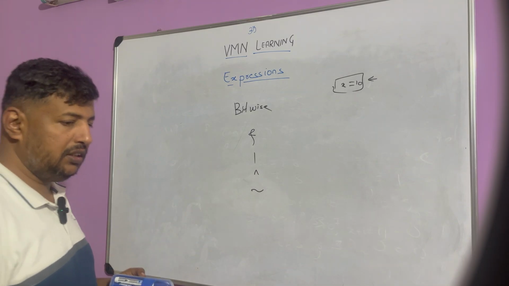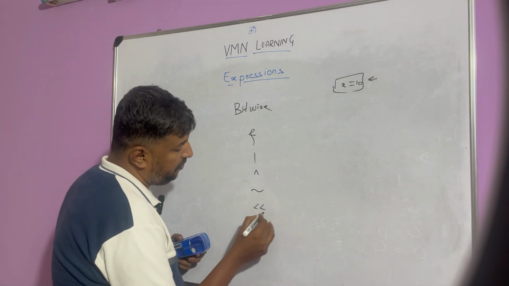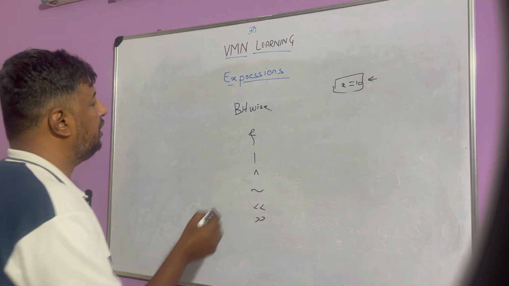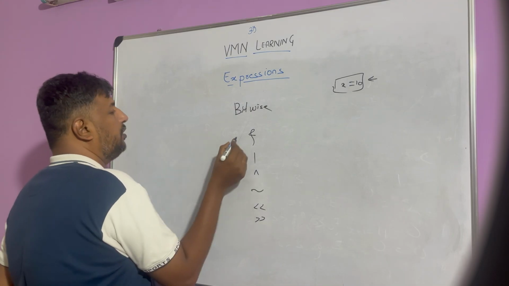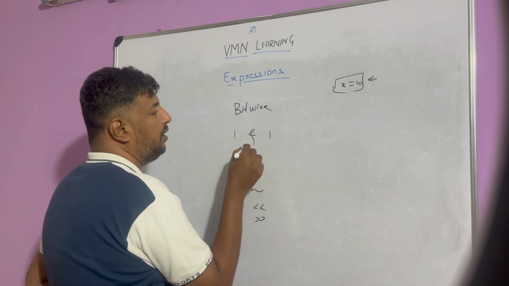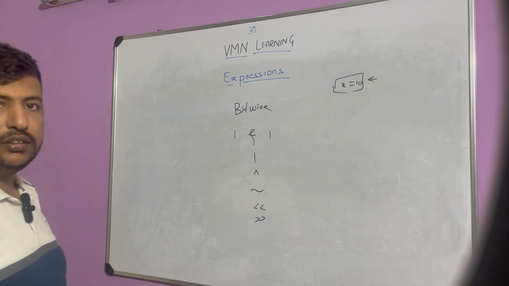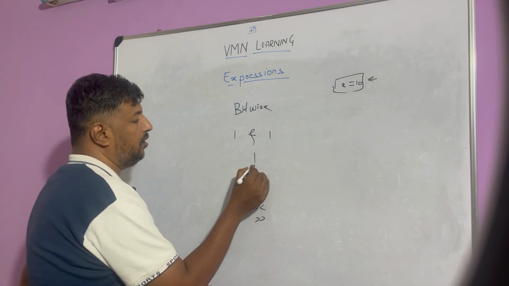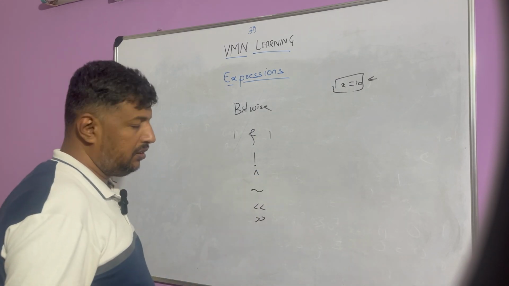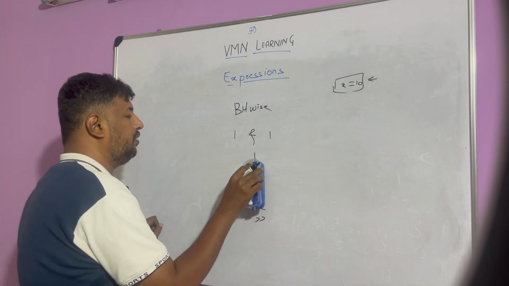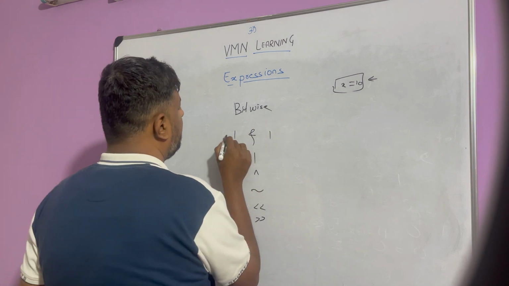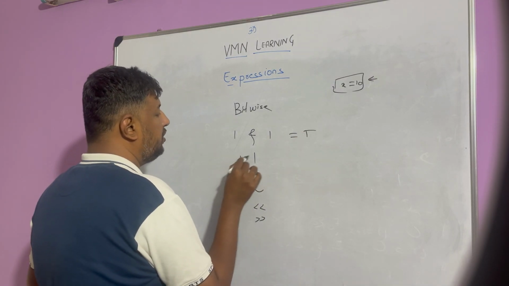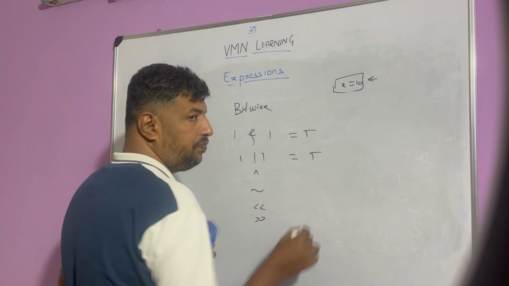Bitwise NOT, left shift, right shift. So let's see bitwise operator 1, 1. Now this is OR, as I explained before, right? If both are true, then it is true. If any one is true, this is true.